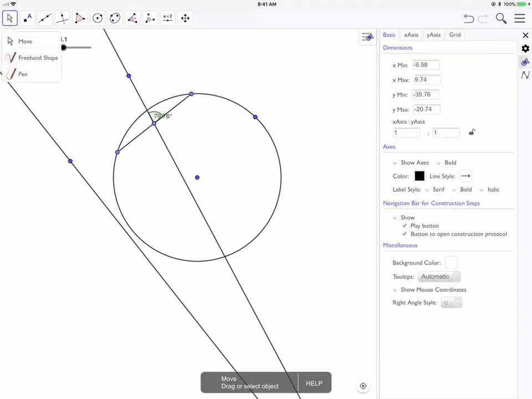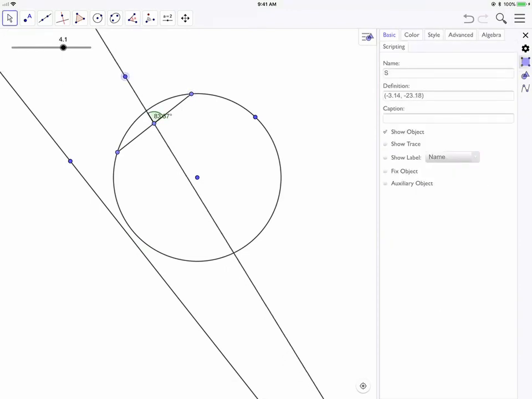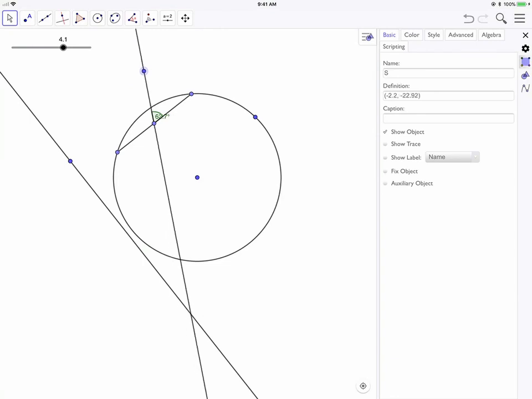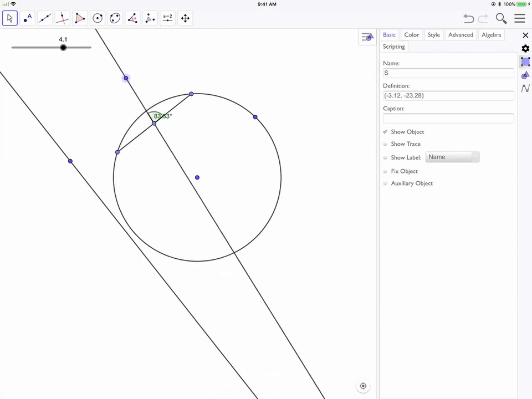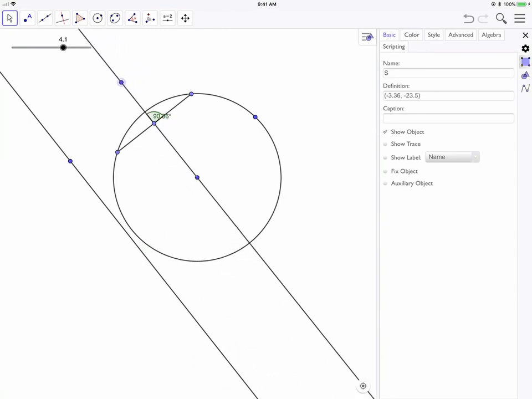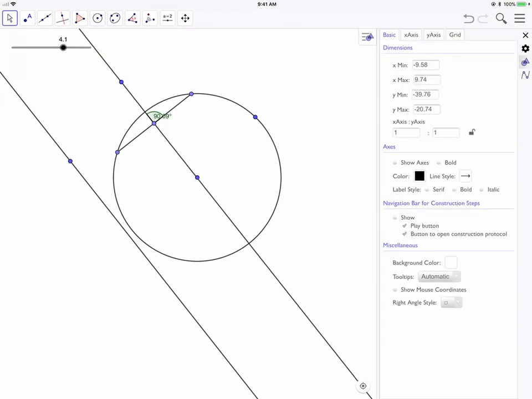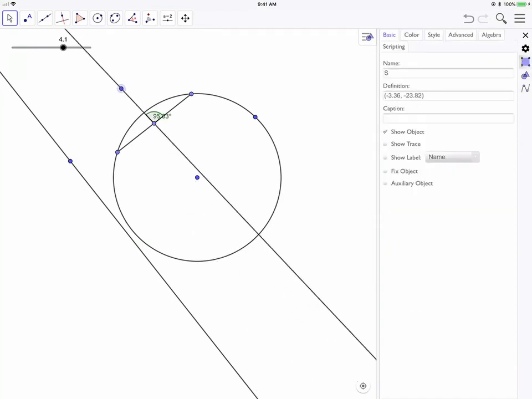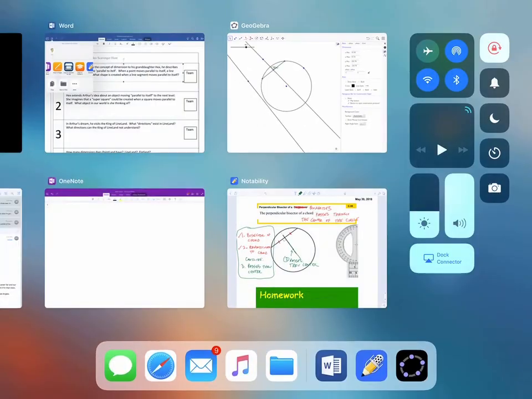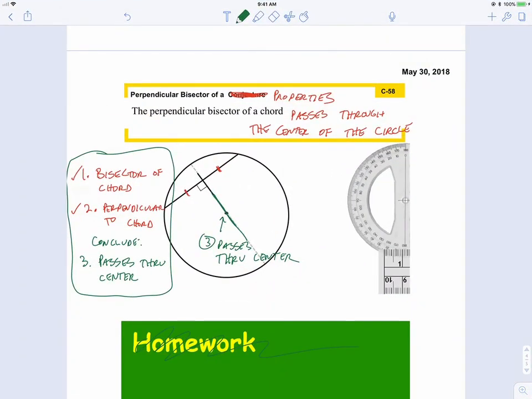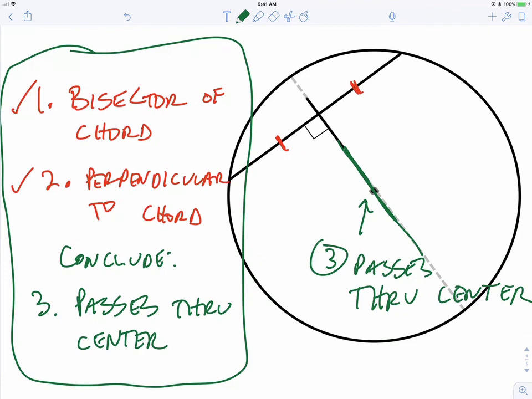So currently it is not perpendicular, but it's bisecting the chord. Once it meets that second criteria and becomes perpendicular, get it close enough, it passes through the center of the circle. When it's not perpendicular, it's not passing through the center. So that's what you want to remember. Those three properties, or these three characteristics, if any two hold, the third must hold.